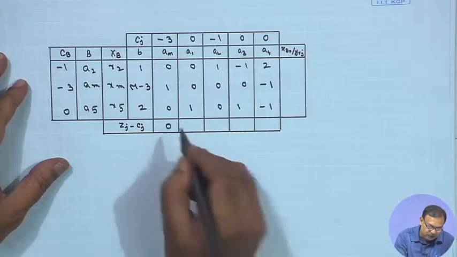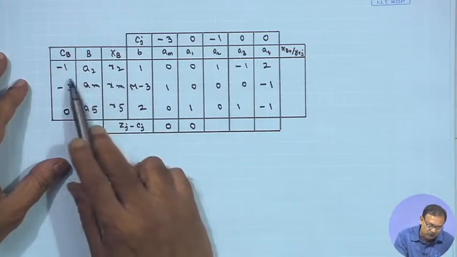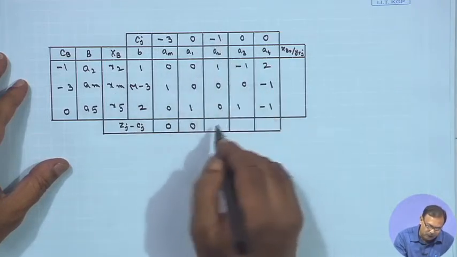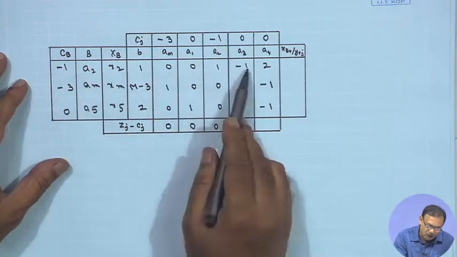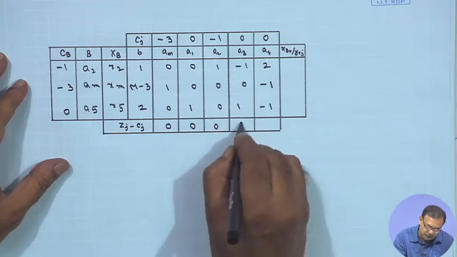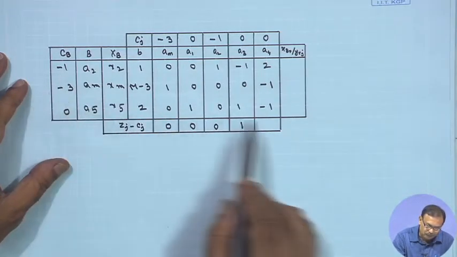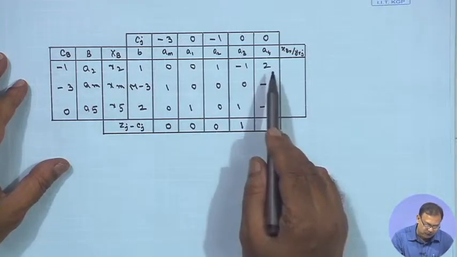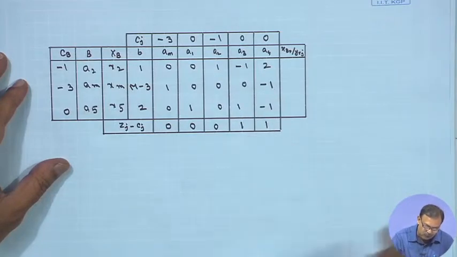So, it is 0, the next one is 0, the next one is 1, it is 0, 1 minus 1 plus 1, 0, here it is 1, this is 0, this is 0, this is 0. So, it is 1, here it is minus 1 into 2, minus 2 plus 3, 1. So, this is 1.